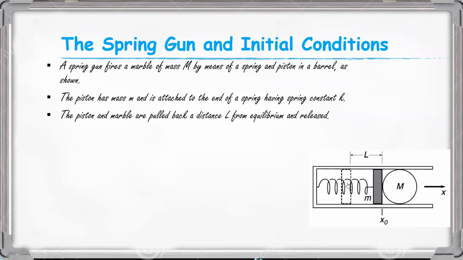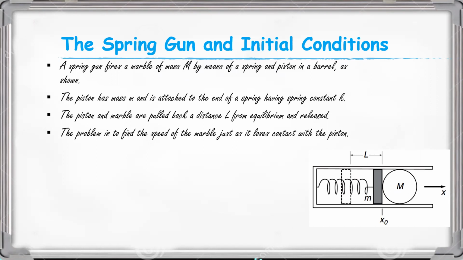Then when it is released, the piston will push the marble outward. Here our problem is to find the speed of the marble just as it loses contact with the piston. Here gravity and friction are neglected.